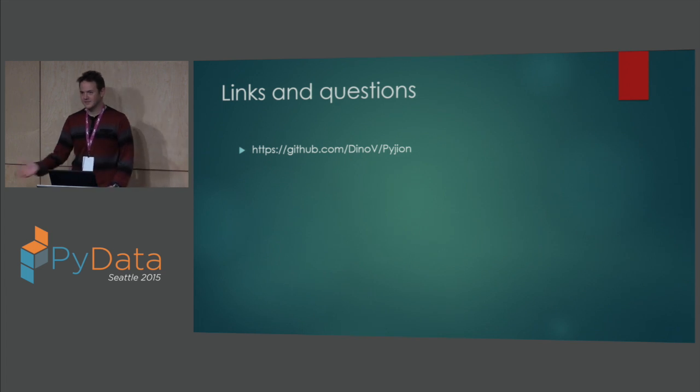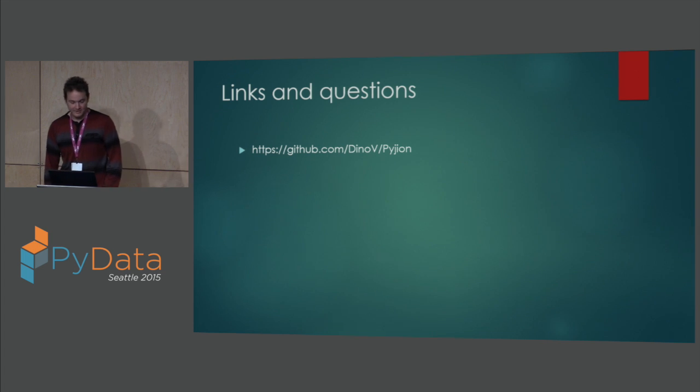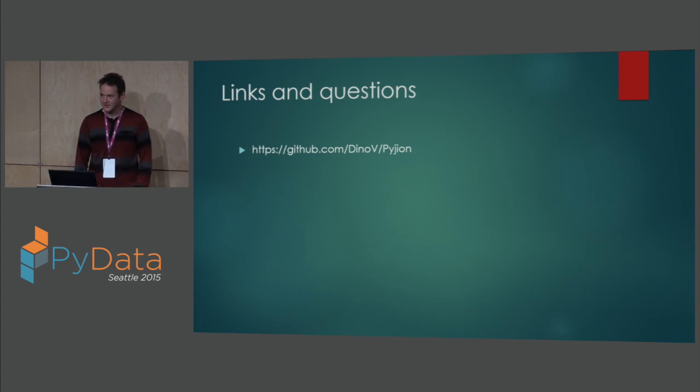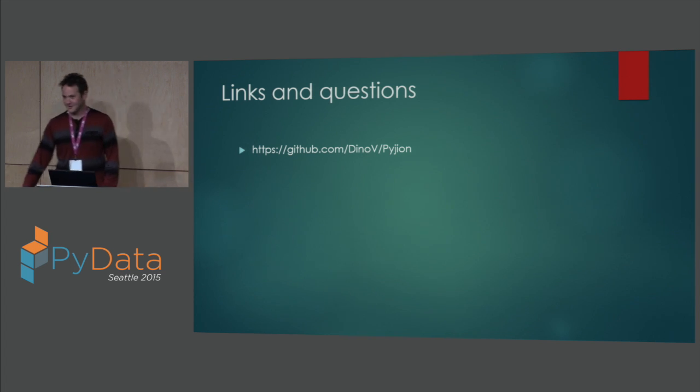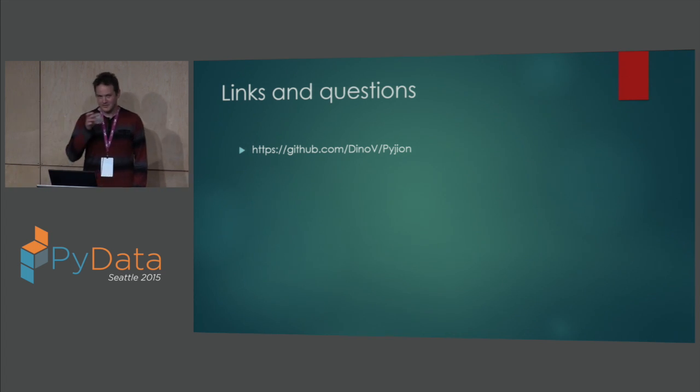But that's it. If there's any questions, I'll be happy to answer them. I posted the code on my GitHub repo. I called it Pigeon. It's like Unladen Swallow, but a different bird. And it sounds like PyJIT, kind of.